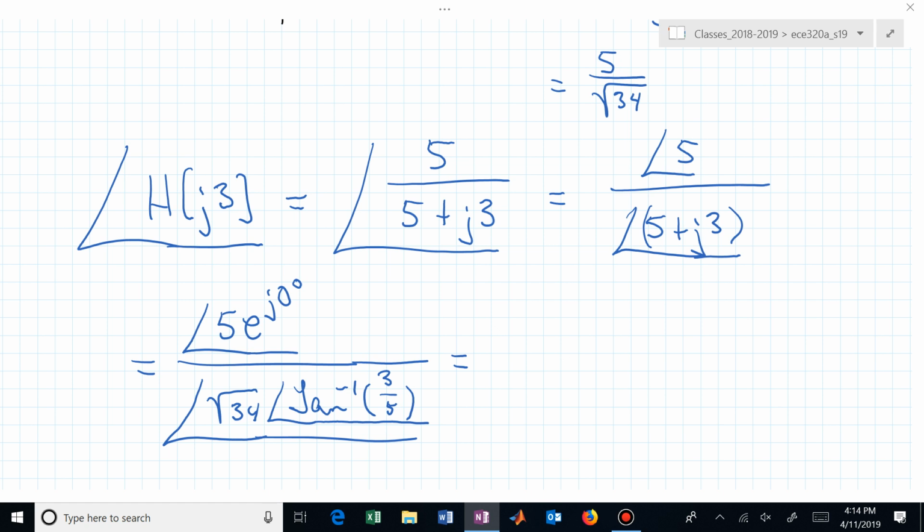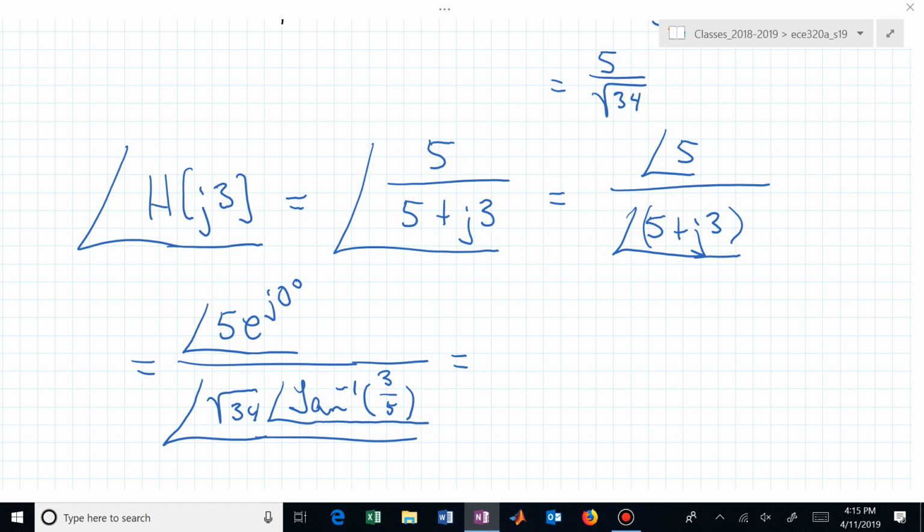So now we take all of the angles in the numerator and subtract all of the angles in the denominator. When I say subtract the angles in the denominator, do you see why? If I now said this was square root of 34 e to the j something, the e to the j eventually is the numerator j's minus the denominator j's, and that's why you can subtract the angles. So it does matter.